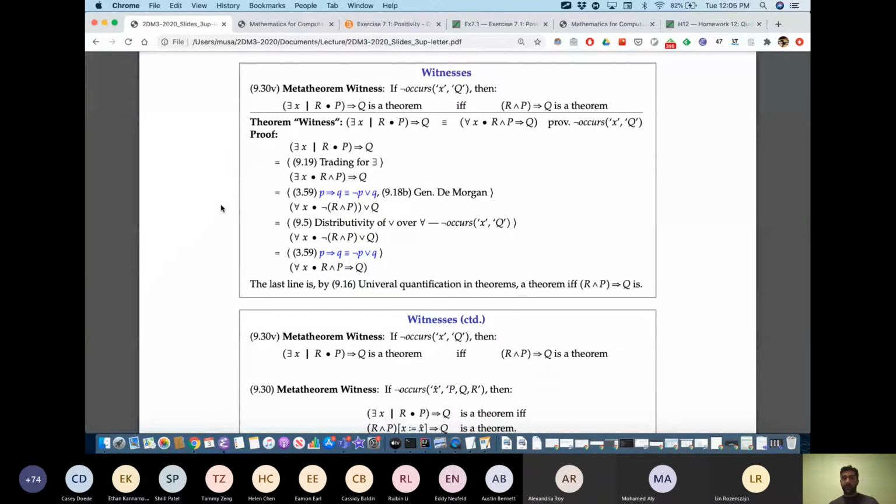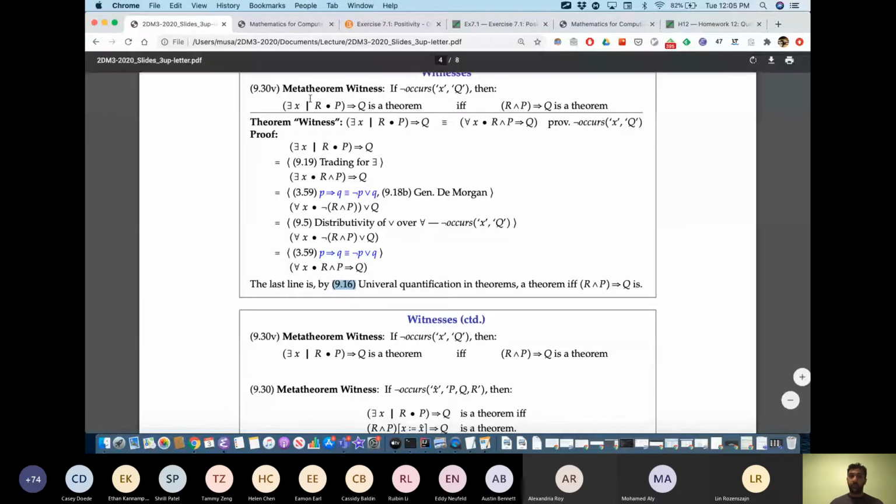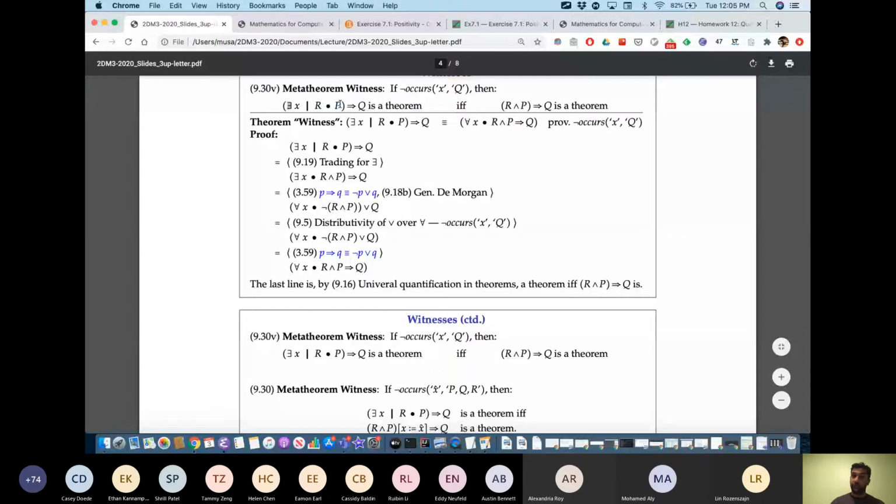Last time we talked about a theorem that said if you have for all x, P, then that's the same thing as just having P. That theorem was 9.16, and there's a similar theorem for existence. First, you do trading to bring R to the other side, and then if you have an existence with an implication, that becomes a for all. That's all the way down here. And we said by 9.16, for alls can be popped off, and then you just get a naked theorem.